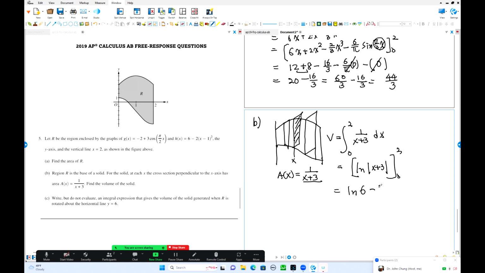And ln of 0 plus 3 is 3. 3 is positive, just ln 3. That's this. Or you can combine this one, 5 over 3, using division.